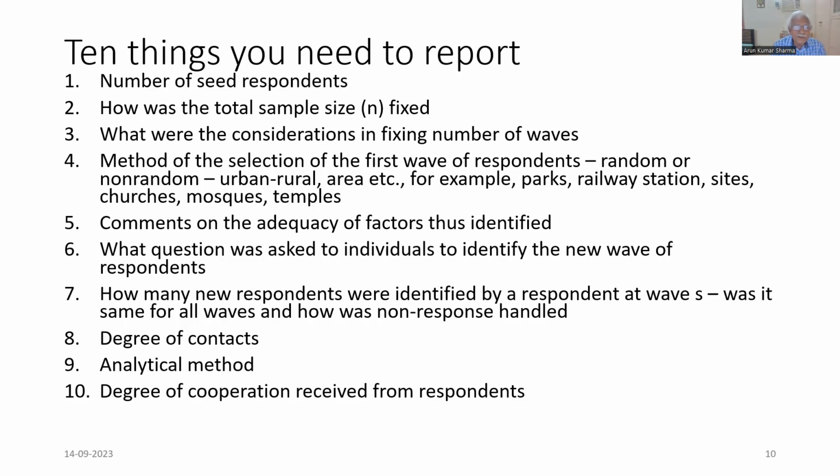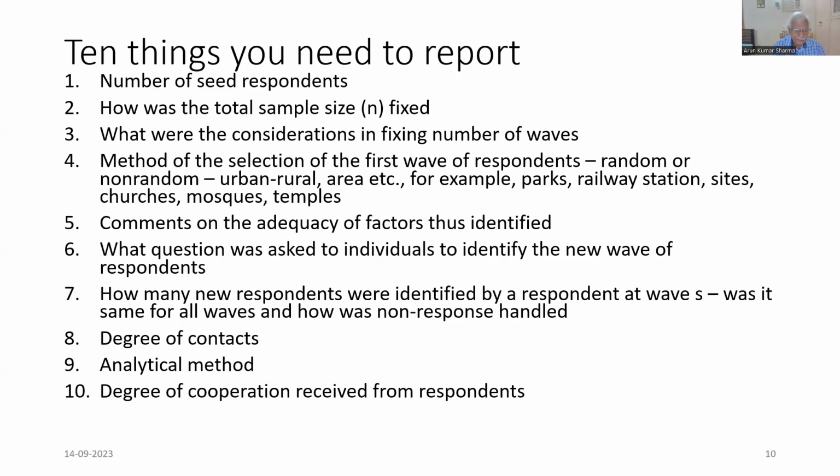Fifth, comments on the adequacy of factors thus identified. So, if you are saying that you have taken into consideration certain factors so that the results are unbiased, what were those factors and how adequate are those factors in reaching an unbiased sample? Sixth, what question was asked to individuals to identify the new wave of respondents?